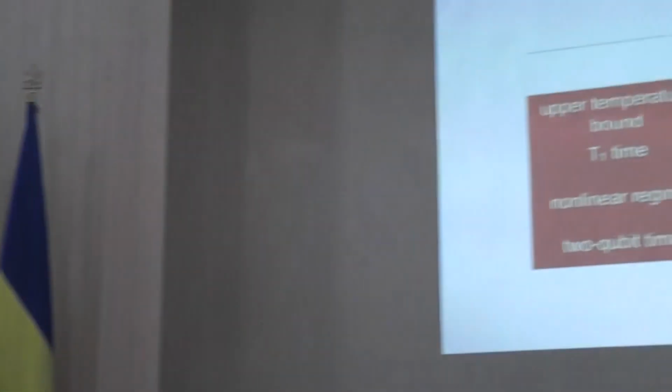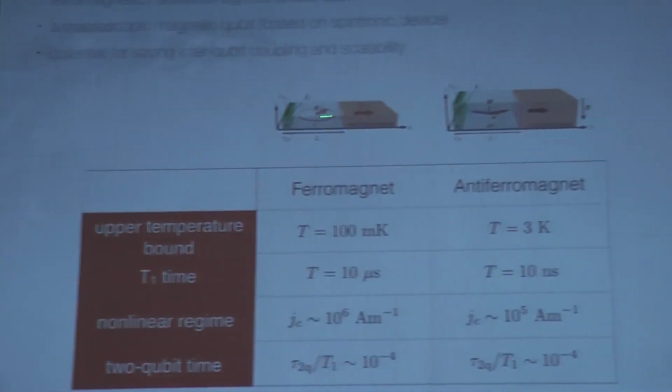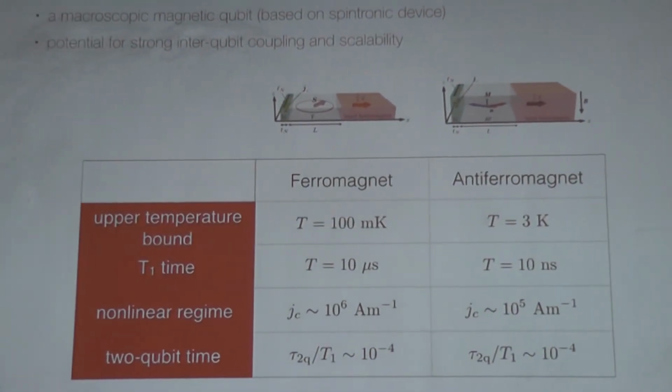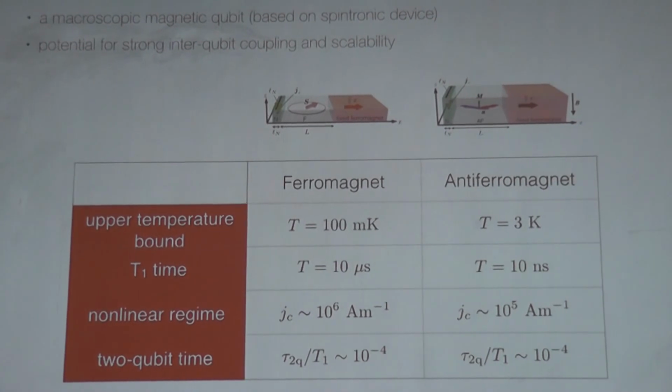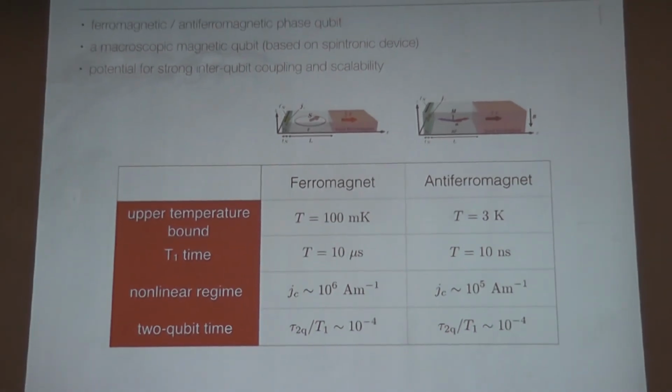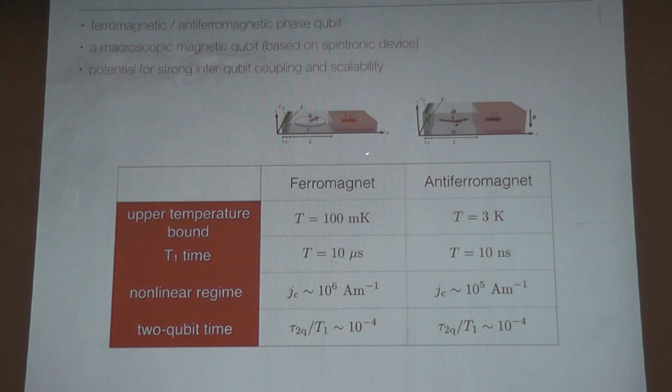So in this case, the easy plane anisotropy plays a role. We want the magnetization to be confined to some XY plane. Since I assumed that the energy scale for the order parameter to be in that plane is coming from shape anisotropy, I wanted this to have a film geometry.